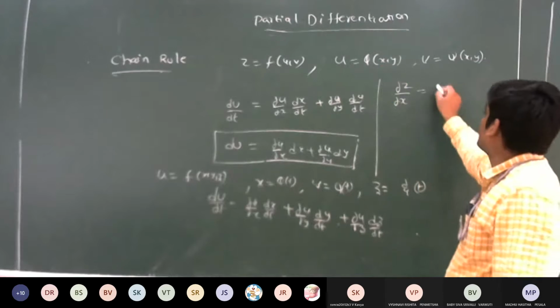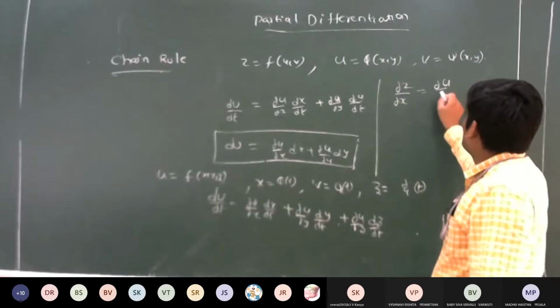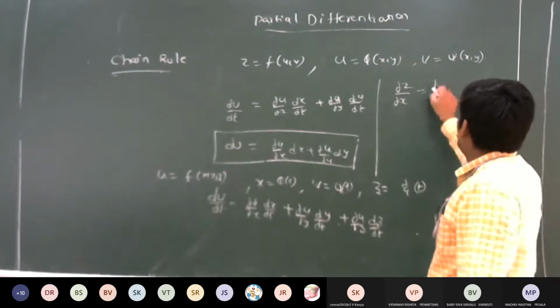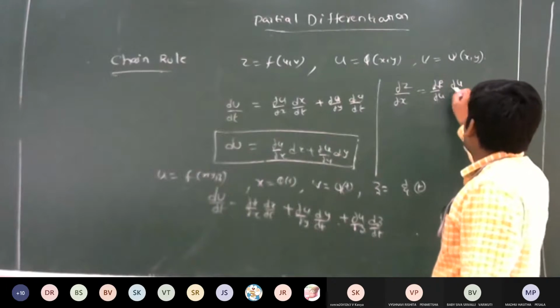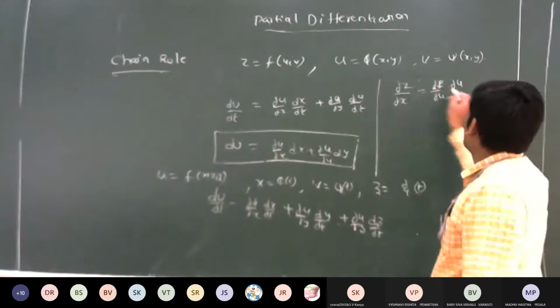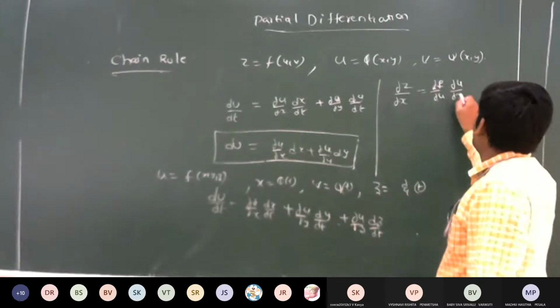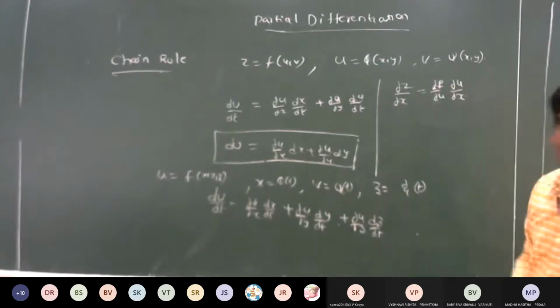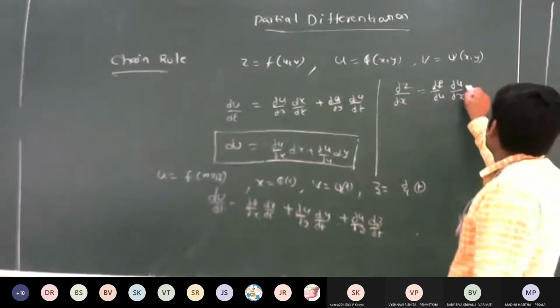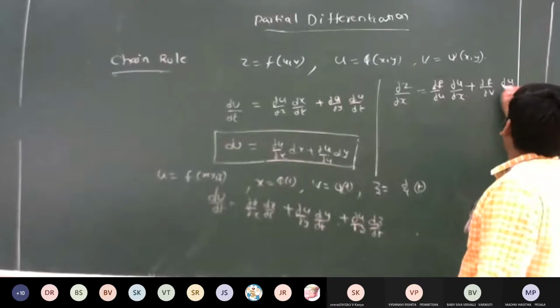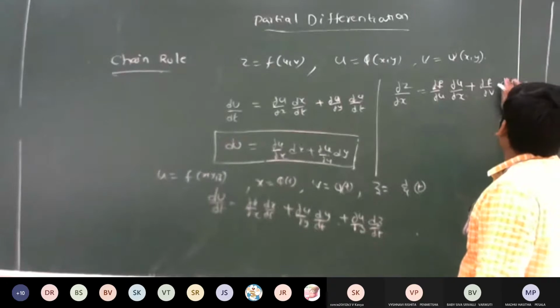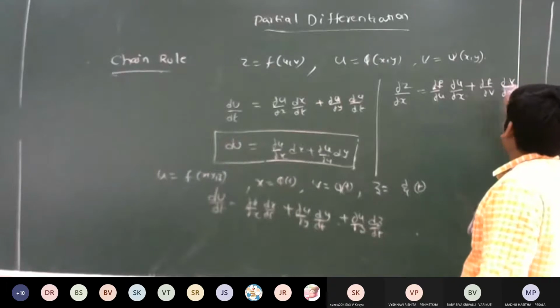∂z/∂x is equal to ∂f/∂u into ∂u/∂x, since u is a function of two variables, so here you use the partial derivative operator. Next, plus ∂f/∂v into ∂v/∂x.